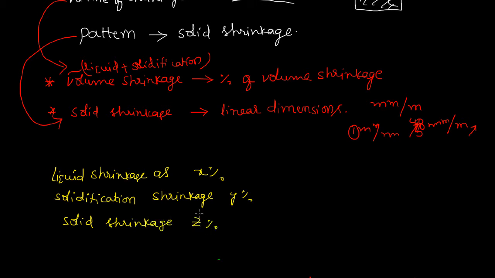Here I am giving the percentage also. Sometimes examiner will give percentage, sometimes he will give in linear dimensions. So don't confuse. Here I am taking the percentages because most of the times GATE exam asks in percentages only.